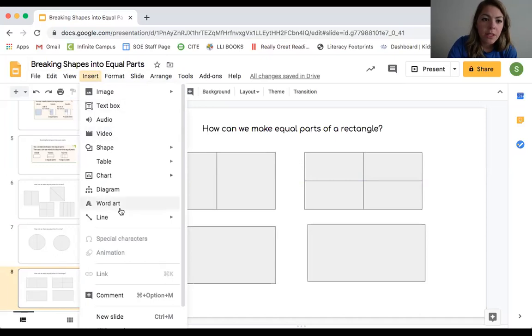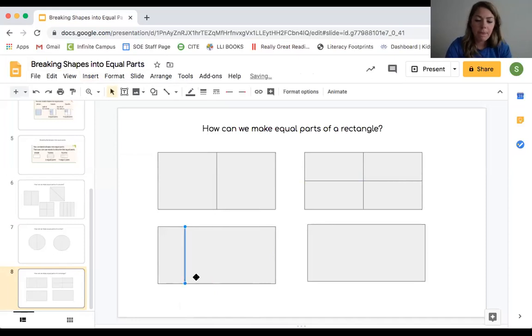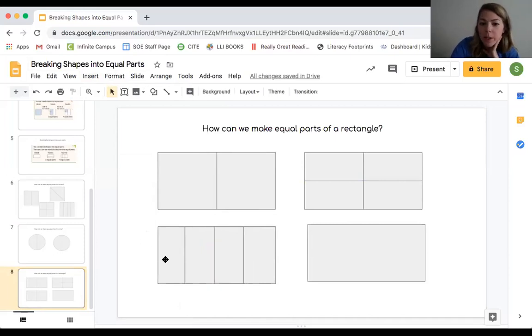You could do it like we did with the square, where you can try to do some skinnier lines down, and then you can add your lines in and try to make your equal parts this way. Trying my best there to make those look like equal parts. So that could be quarters right here.